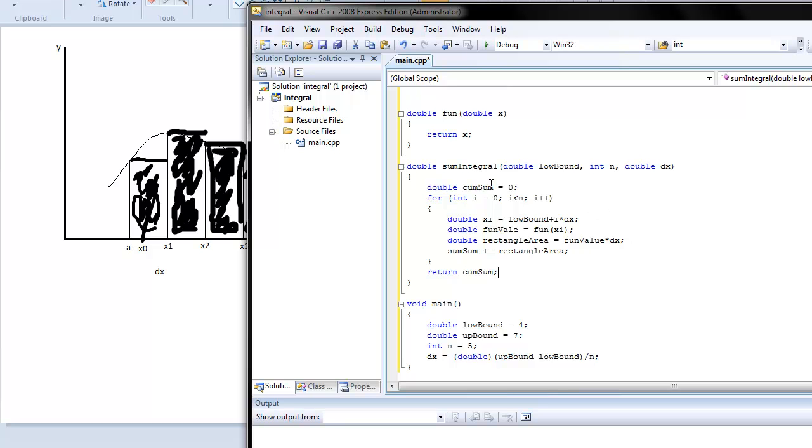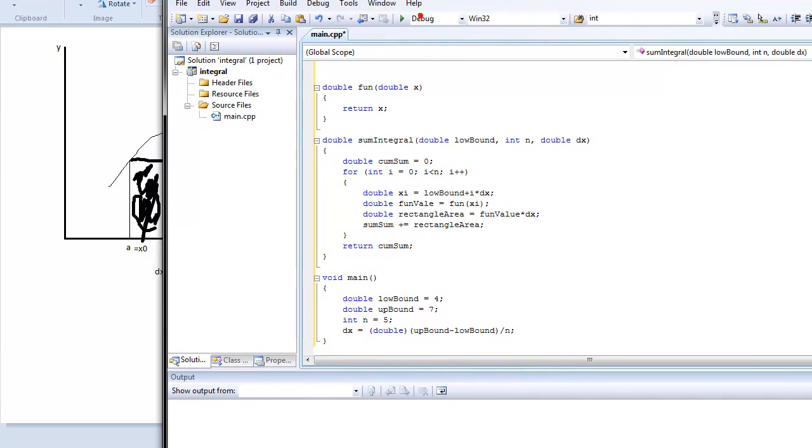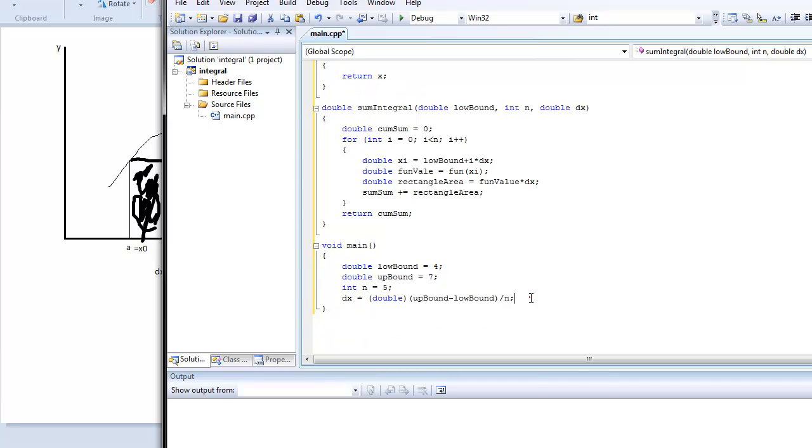And let's try to compute something. So let's call the function here. Double result equals sum integral low bound, n, dx. I'll try to compile this.